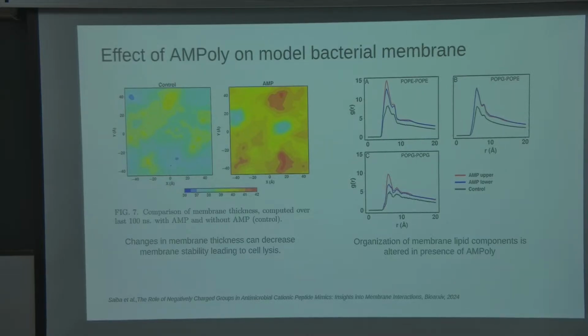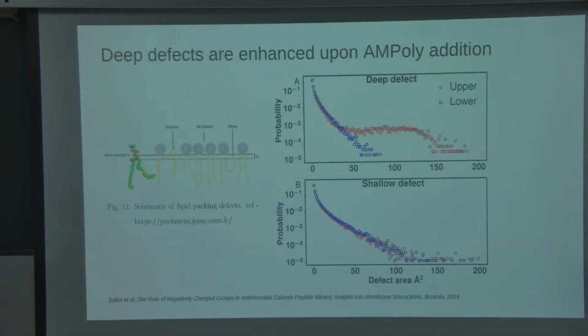Both the change in thickness and membrane organization can lead to some possible disruption of the membrane integrity and possible lysis of the membrane. We also look at something called lipid packing defects. The definition of the term deep defect goes something like this.